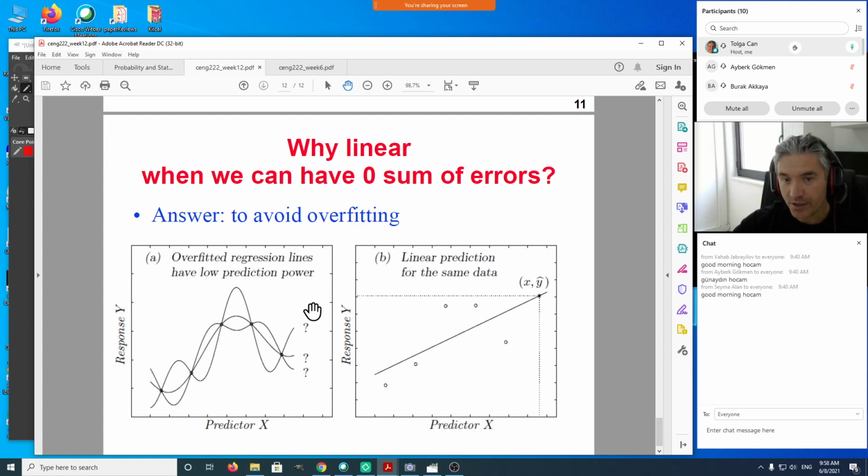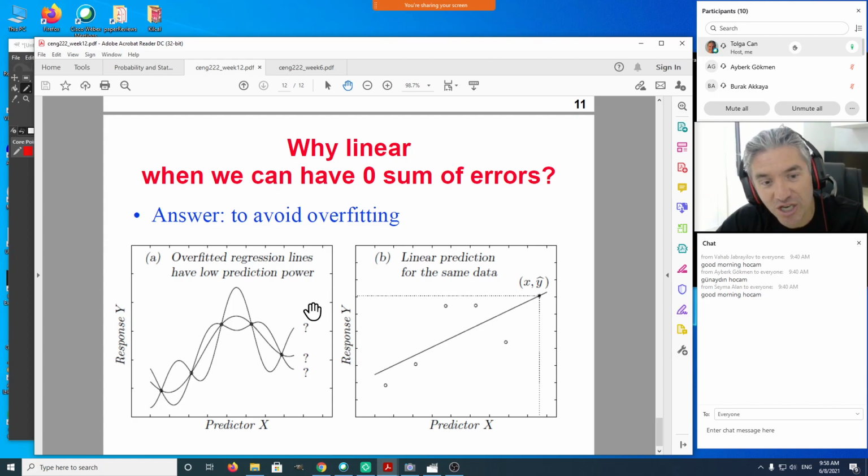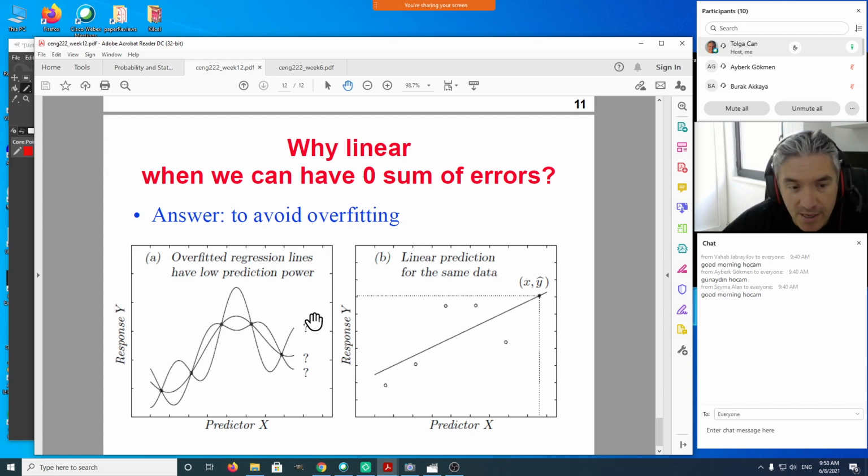You have a model on your training data set. How does it generalize to data points that are not seen yet? If its performance on not yet seen points is bad, it means that its generalization performance is bad. And a simple linear model like this has a nice generalization performance.